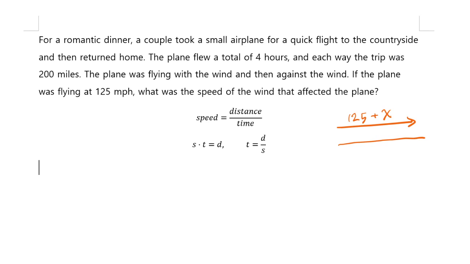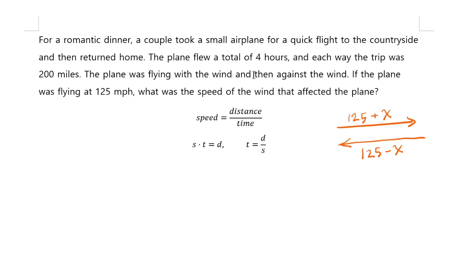But when coming back, you're going against the wind, so the speed slowed down by x. And then the question is, you want to find how long it took, and the sum of the time it took should be 4 hours.